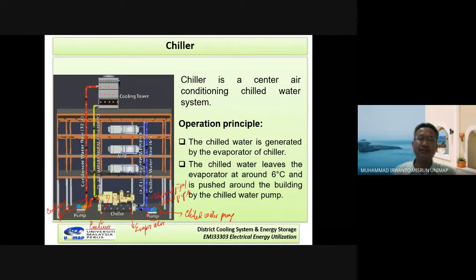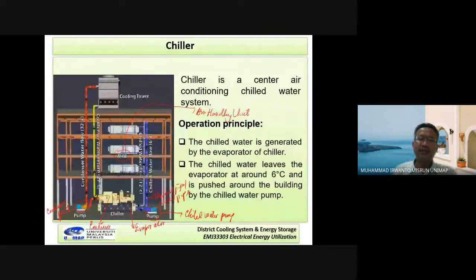This chilled water is pumped through this pipe and rises, because the building has several levels, and then goes to this AHU. AHU is the air handling unit.